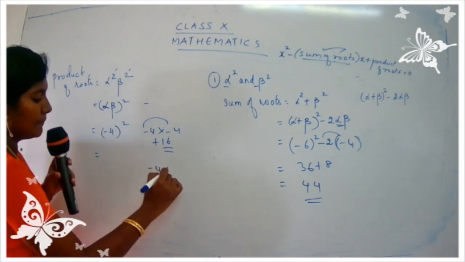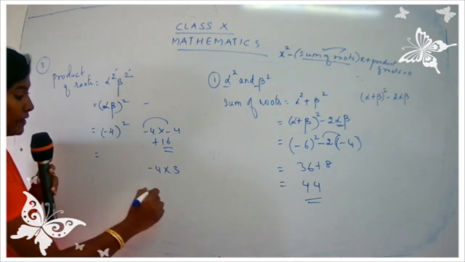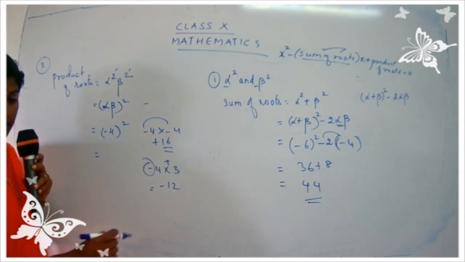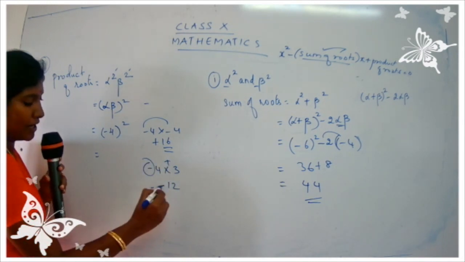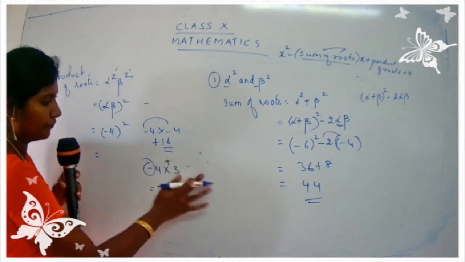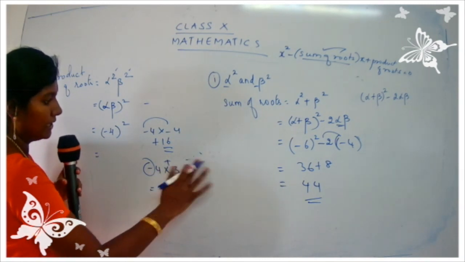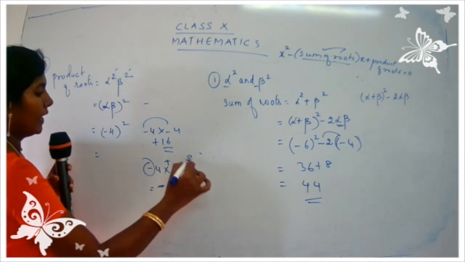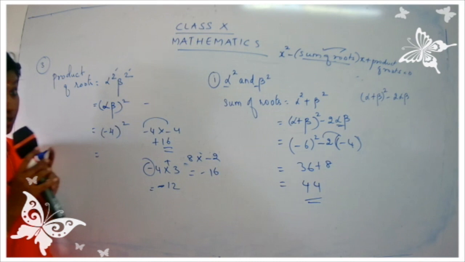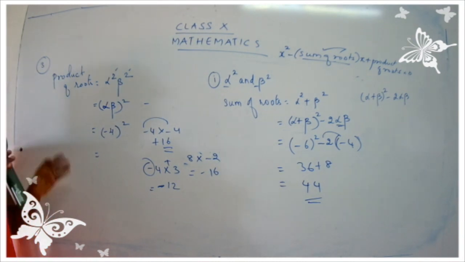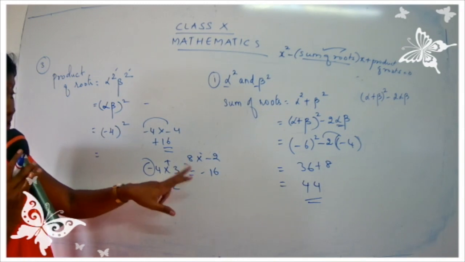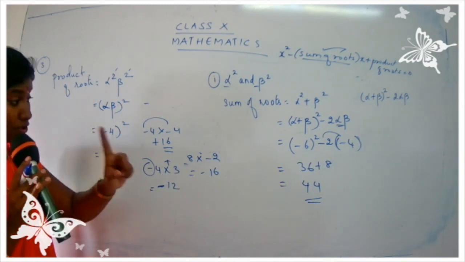See here. Suppose I multiply minus 4 into 3. I'll write the answer as minus 12. Minus and plus. Yes, children? So minus plus means you have to write the answer as minus. If it is minus 2 into, I'll give you one number. Okay, 8 into minus 2. Minus 16. Yes, you may have a confusion. You may make a mistake that the sign of the bigger number is plus. Okay, so we have to write the answer as plus. No, that's not there.